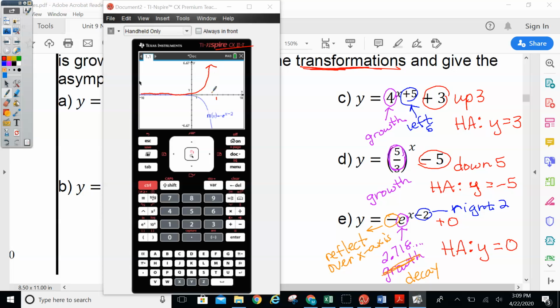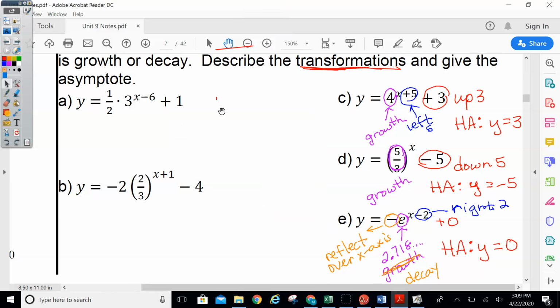But because we reflected over the x-axis, it's going to go down now. So when it goes down, it's decay. And it flatlines right here at 0. So that's why the horizontal asymptote is 0. So it's always going to have an asymptote, but it might not be there in the equation. If it's not there, you have to know that it's 0.